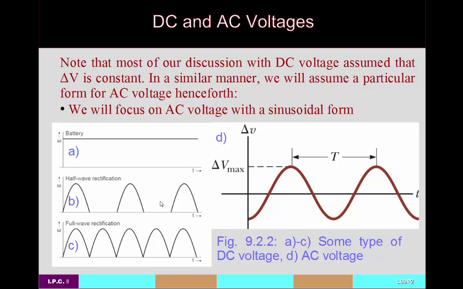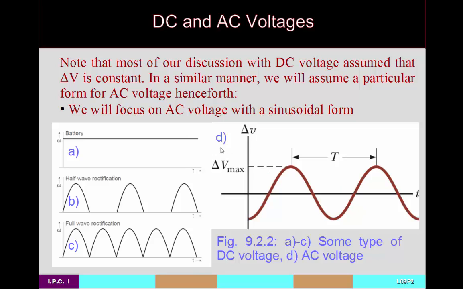So let's compare the two a little more. So far we have assumed a constant delta V for the DC voltage. In a similar manner, we're going to assume a particular form of the AC voltage, which will be basically sinusoidal.